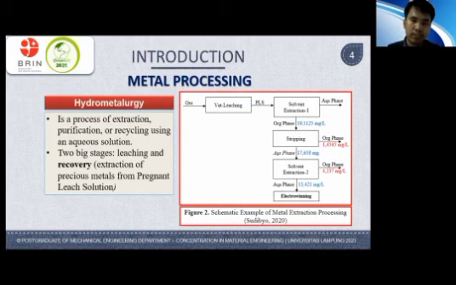Yeah, the previous study, Sudibyo 2020, showed that electrodeposition has a problem if we cannot make the electrolyte pure; the extraction of the precious metal is low.